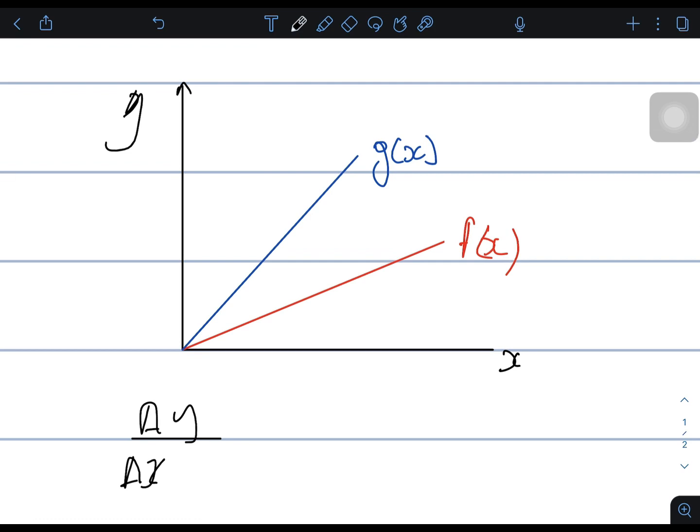Let us start with the red graph. As X increases, Y increases by a small amount. So the rate of change of f of x is smaller.